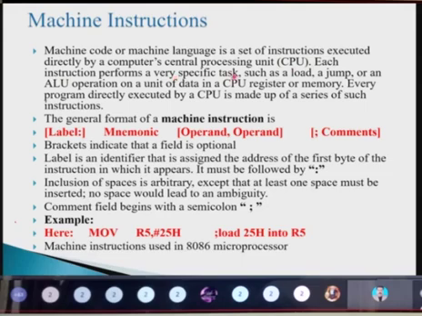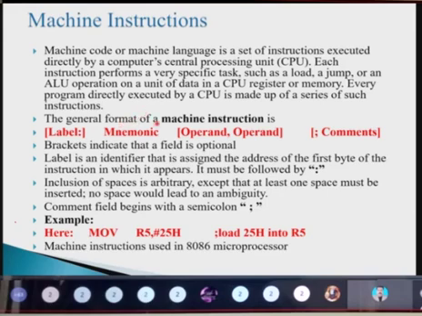Each instruction performs a very specific task, such as load, jump, or any ALU operations on a certain unit of data in the CPU registers or memory. Every program will be directly executed by the CPU, which is made up of a series of instructions.